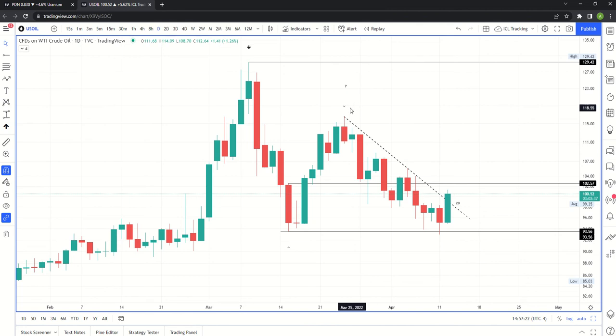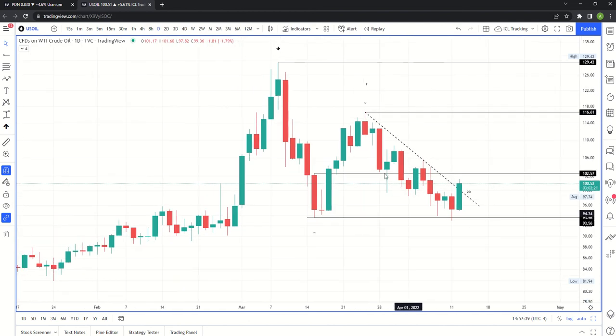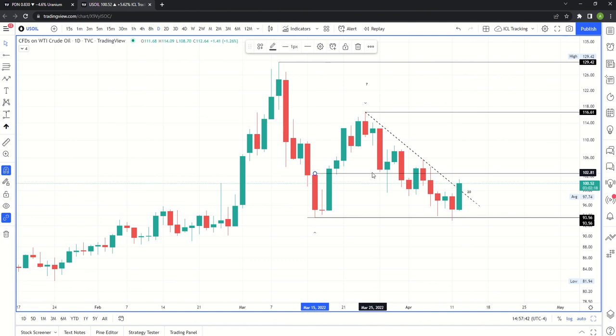This was the highest point that we have made since this decline started, right? So we declined from 129 to 93.56, and then we bounced up to 116, and then we started to decline again. That is a lower high, right? When you think about a trend, an uptrend consists of higher highs and higher lows.